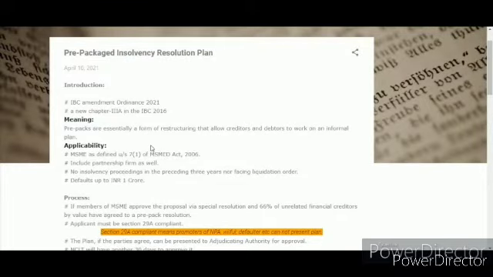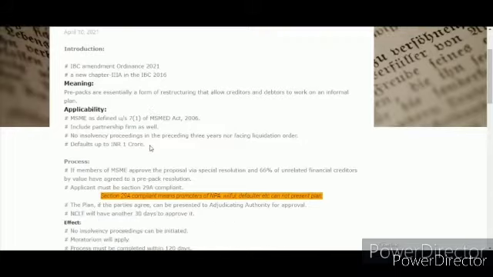Why I am saying the company opts for this is that it is a process initiated by the company itself. It's a voluntary effort, a voluntary action by the company, just like voluntary winding up, which is initiated by the company itself, not by an outsider. So this is along similar lines, an initiation by the company. It's not that the financial creditors are taking action against the company.